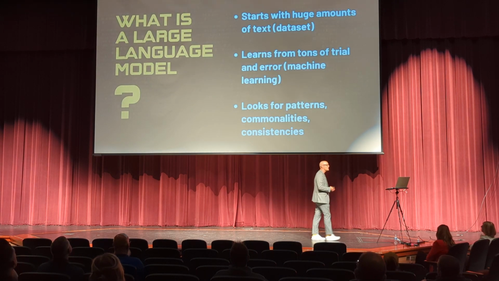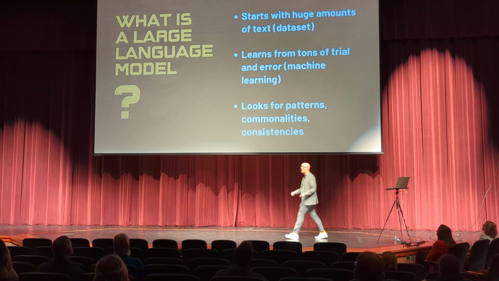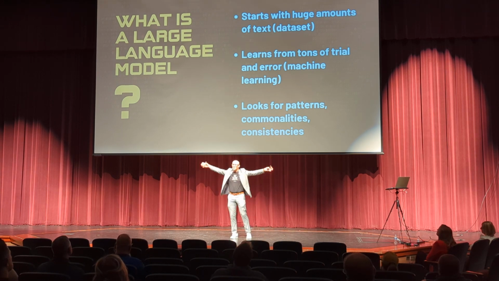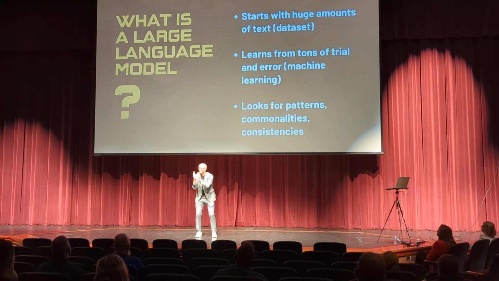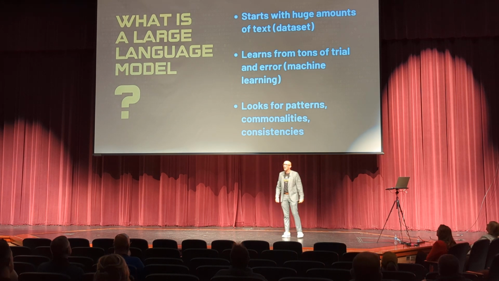So a couple of things. ChatGPT is what they call a large language model, or an LLM. And so large language models, remember how I said that artificial intelligence is one great big class of technology? Large language models, or LLMs, are one subsection of it. You've got diffusion models, you've got computer vision models, you've got a whole bunch of other different types of AI.